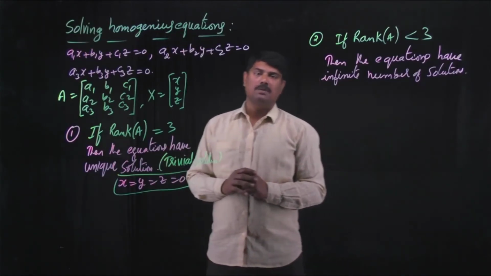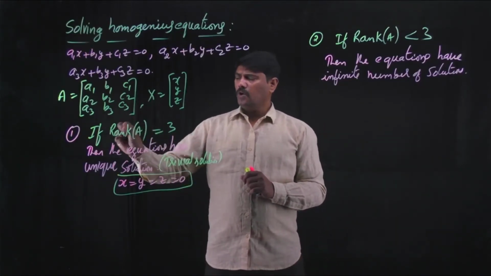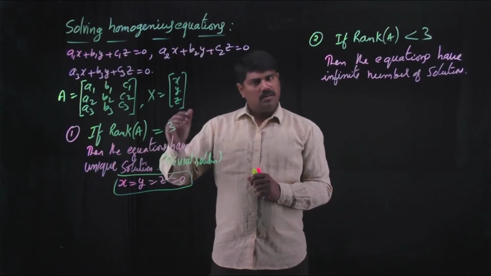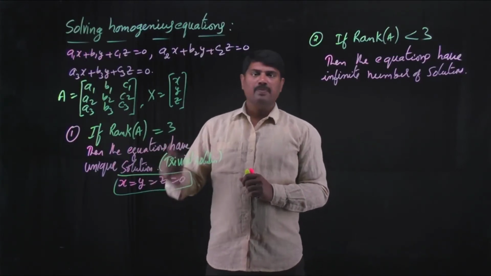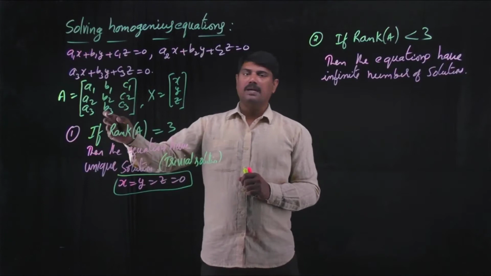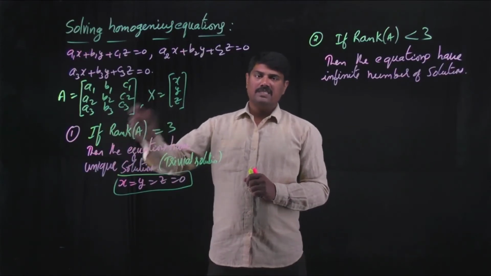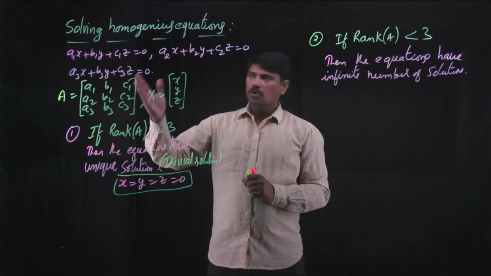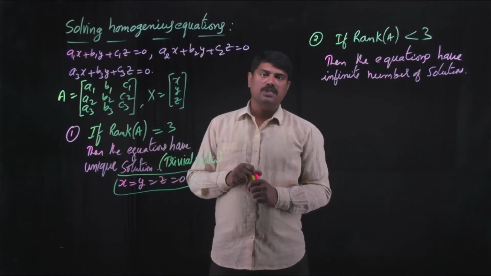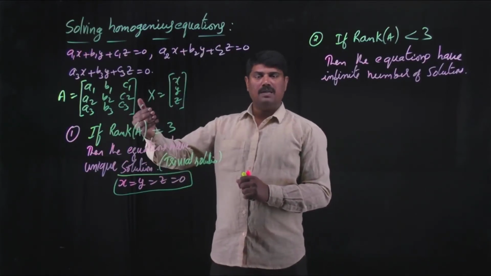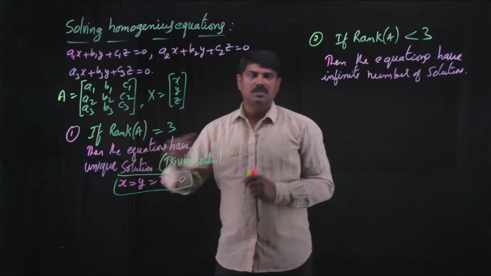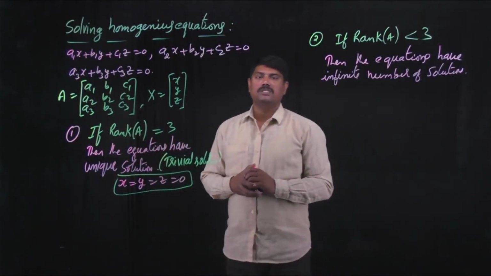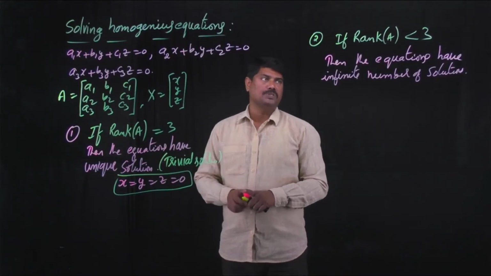That is the only possible solution. If you observe rank 3, you can give this solution. Or if you find the coefficient matrix determinant, if its determinant is not equal to 0, that means it is non-singular. So in solving homogeneous equations, remember one point: if the coefficient matrix is non-singular, then its solution is x = 0, y = 0, z = 0, which is known as the trivial solution.